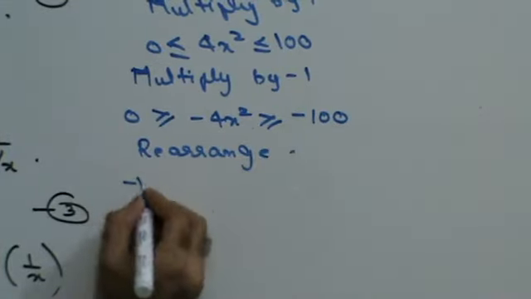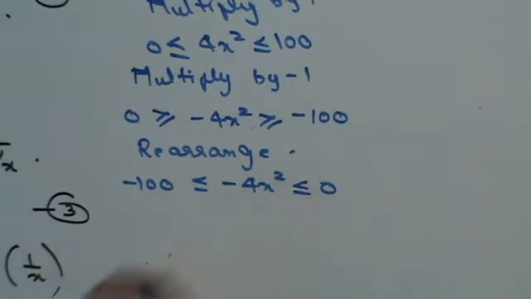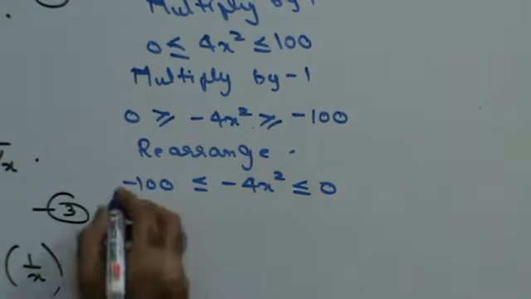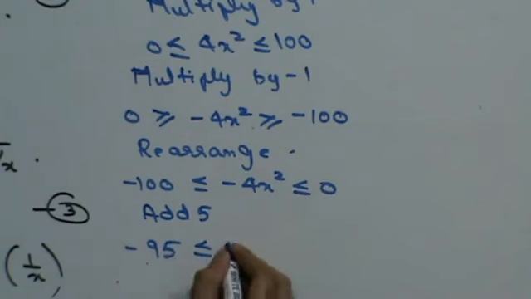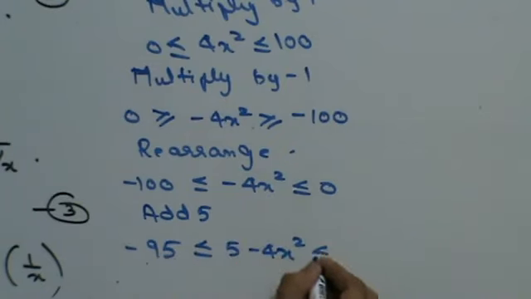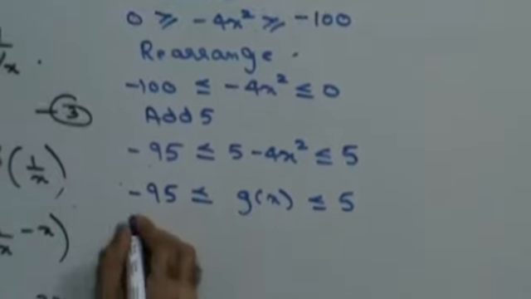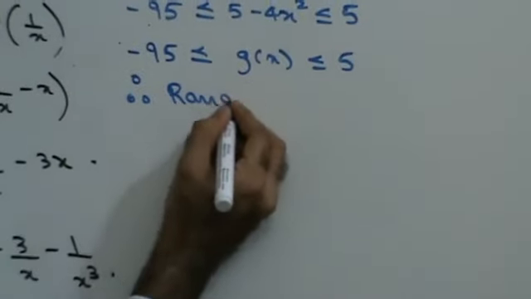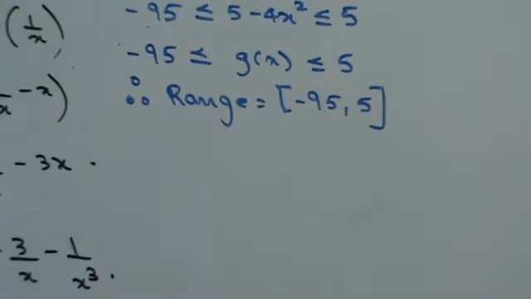If I rearrange, I'll get minus 100 is less than minus 4x square is less than 0. Once you add this, add 5. If I add 5, I'll get minus 95 is less than 5 minus 4x square is less than 5. But 5 minus 4x square is nothing but g of x. So I'll get minus 95 is less than g of x is less than 5. Therefore, I can say that range is minus 95, 5. Right?